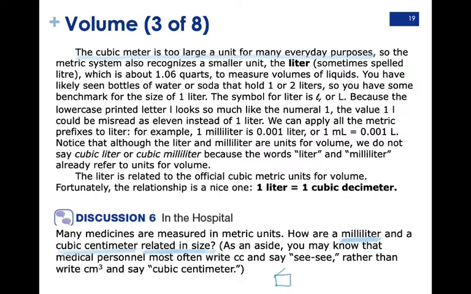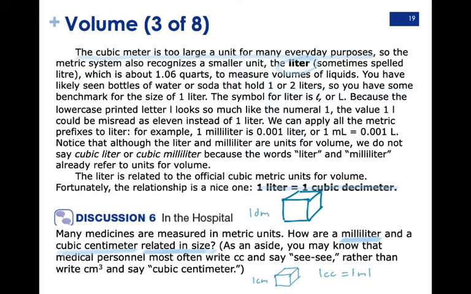We talked about how 1 cubic centimeter equals 1 milliliter. But that ends up being very small as well. Something a bit more practical would be the figure we had on the last slide. A cubic decimeter, which is 10 centimeters by 10 centimeters by 10 centimeters, is what we call a liter.